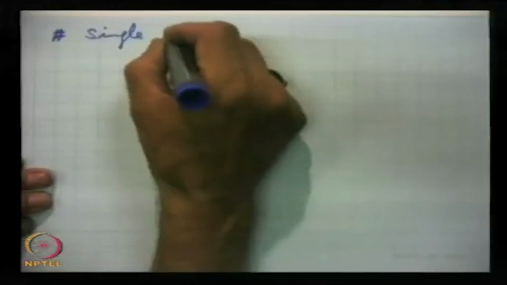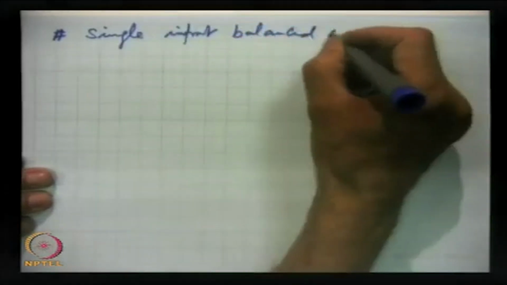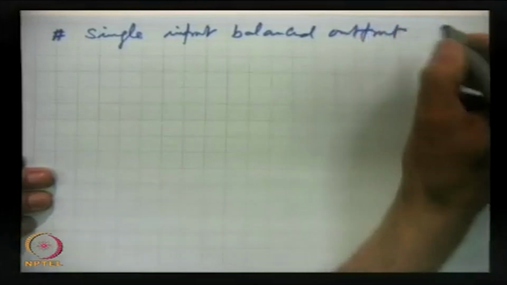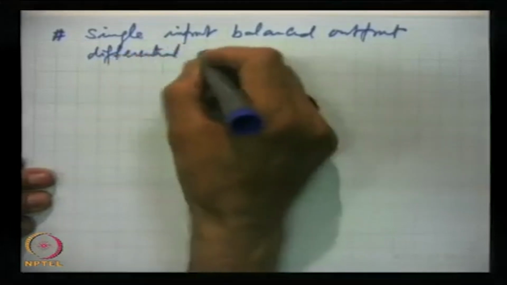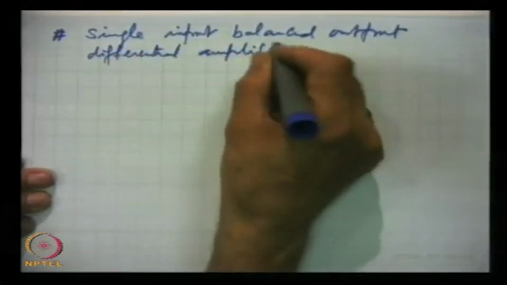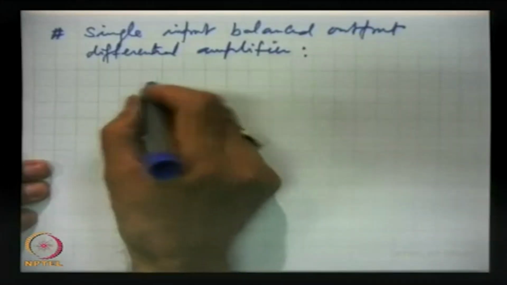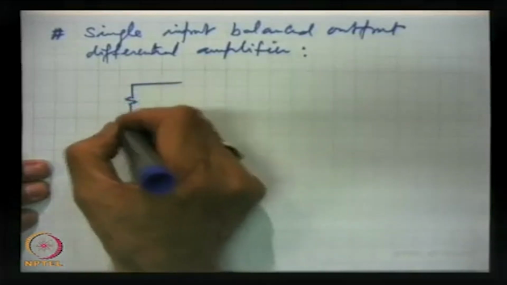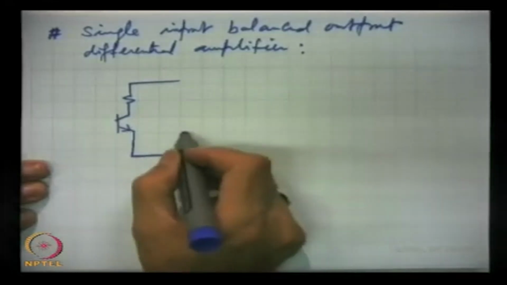Then the other configuration is single input balanced output differential amplifier. I draw the figure. Only one input source is there.